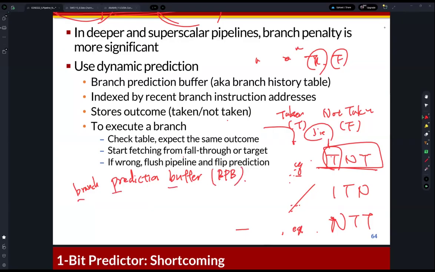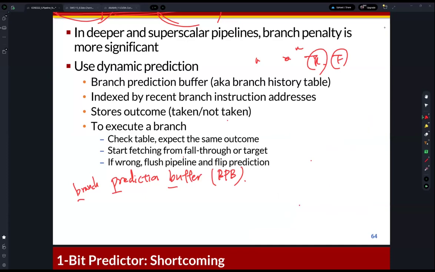Branch prediction buffer. It is because, as I mentioned, for each branch instruction, this BPB stores the previous results, previous events of branch instructions.